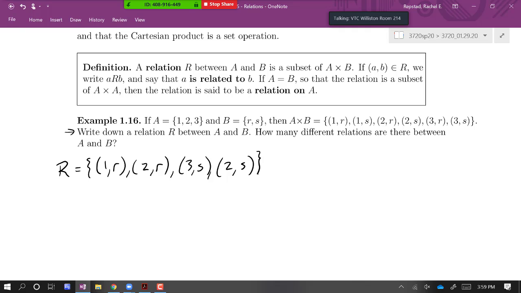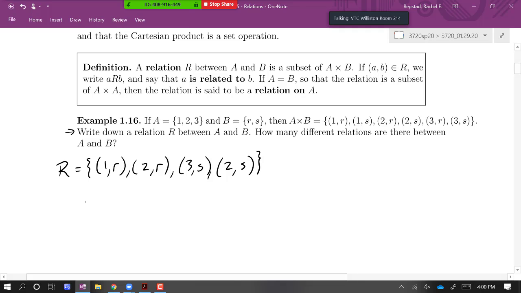Then it says, how many different relations are there? How many different relations could I define? So a relation is any subset of the Cartesian product. How many subsets are there of this Cartesian product, and how do I know? Say that again? 2 to the 4th?